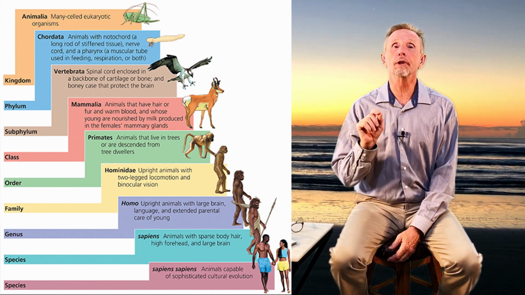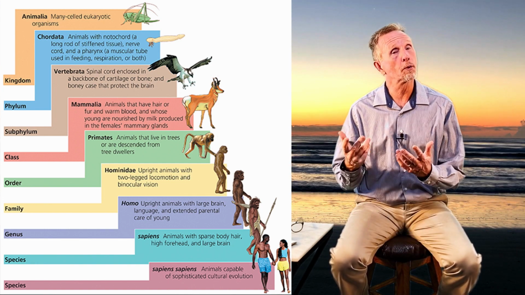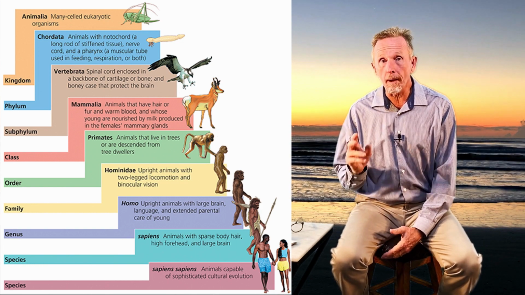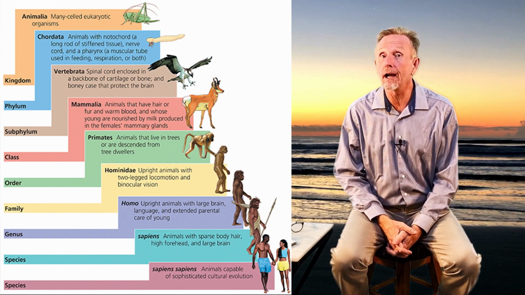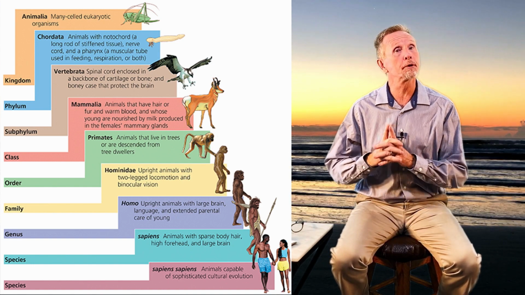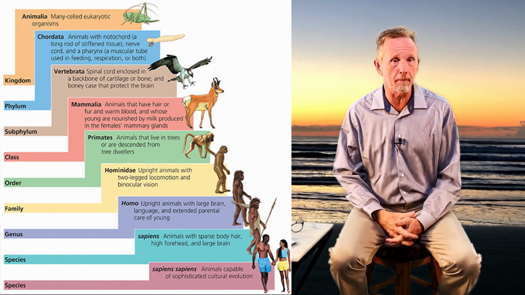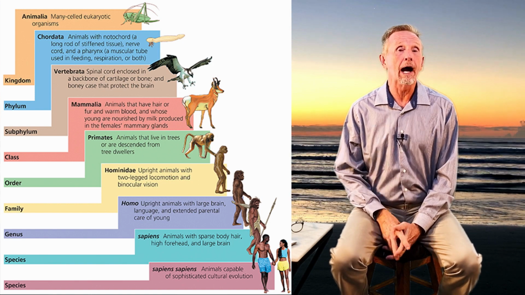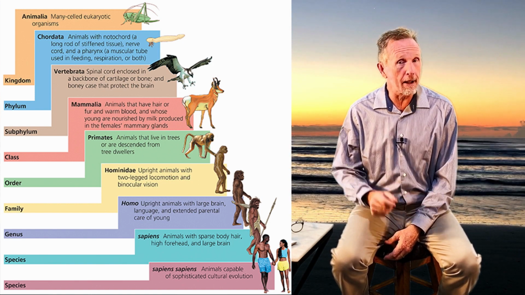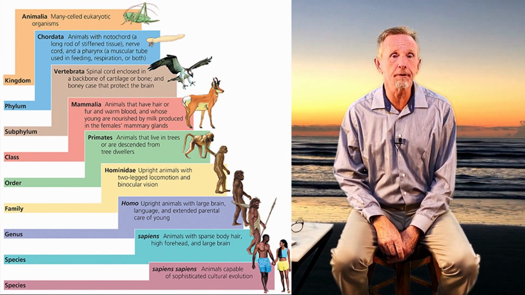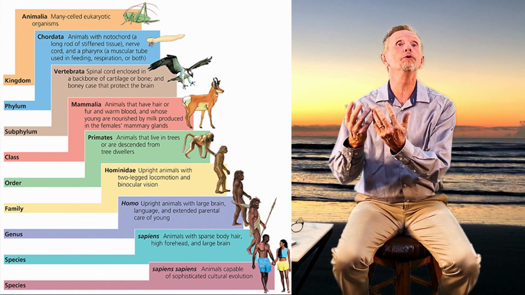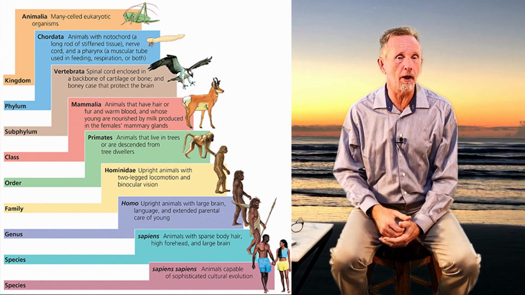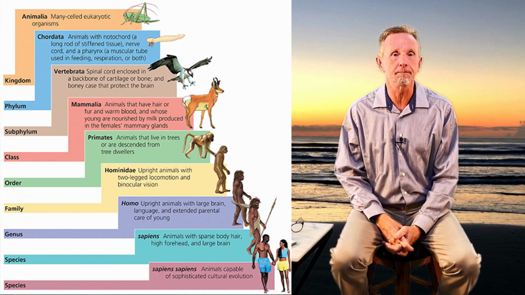Then we fall into the class Mammalia. We're mammals: warm-blooded, fur around our body, tend to bear live young and produce milk to feed our young, Mammalia. Then our order is primate, animals that either live in trees or came from other animals that did.